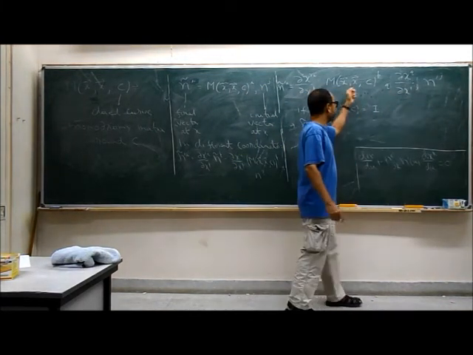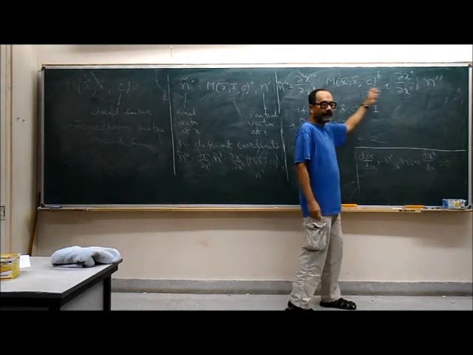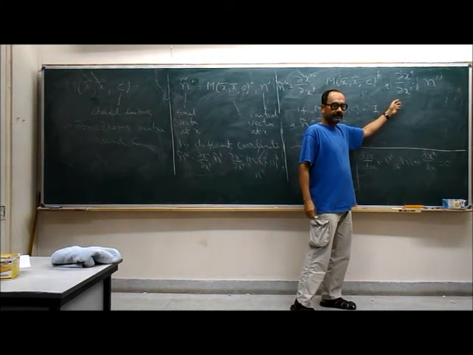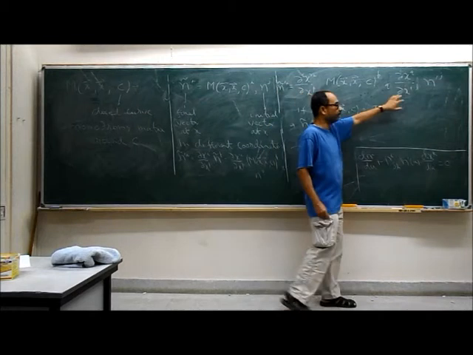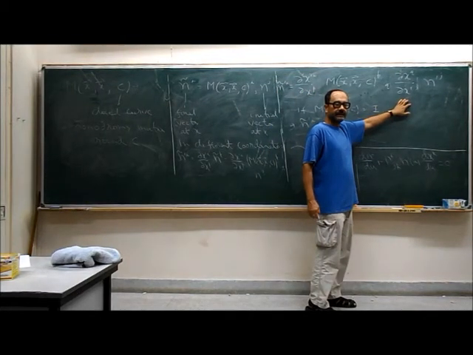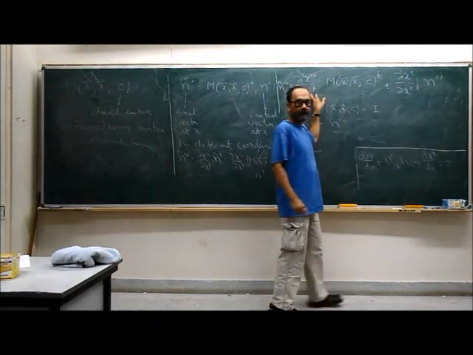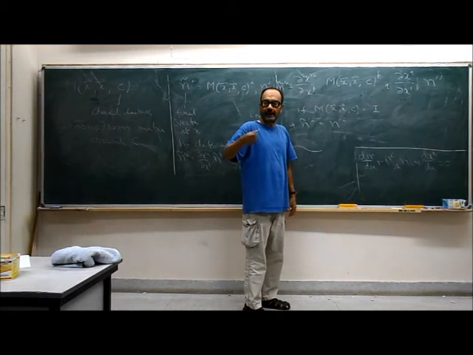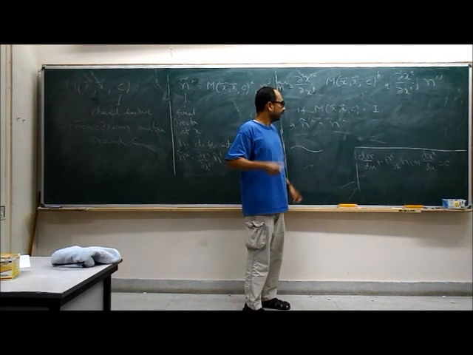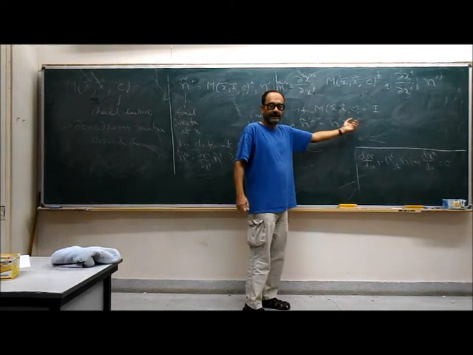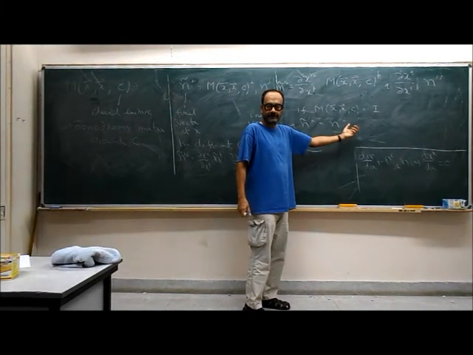And there, even if M is identity in one coordinate system, it will not be identity in another, because this matrix and this matrix will be different in that case. This is at one point, this is at a different point. It's only for the monodromy matrix, when you come back to the original point, that this question of whether it's identity or not is a meaningful question.